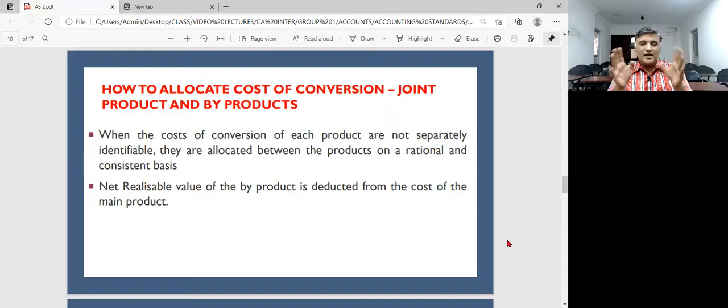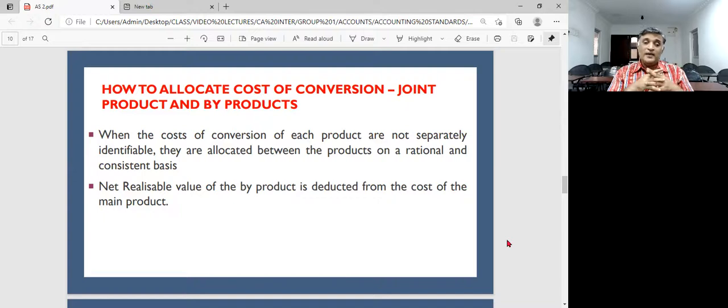There has to be some rational and consistent and systematic basis on which we can actually segregate this. That's what the standard says. When the cost of conversion of each product are not separately identifiable, well and good. If you can easily find out this portion of the cost is for product A and this is for product B, you go with that method. But in a case where you feel that the cost is not separately identifiable, then you have to make an allocation between the products on some rational, systematic and consistent basis.